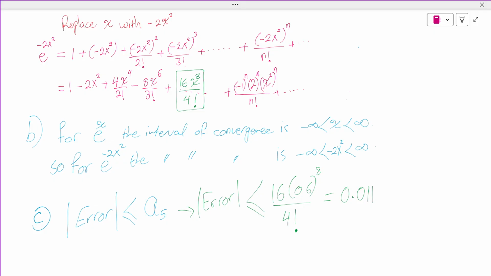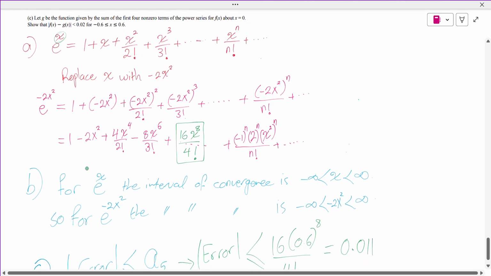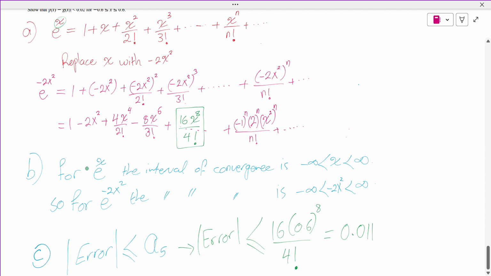Okay, this is less than the given one. What's the given error? 0.02. Is this less than 0.02? Yes. So this is the third part, part C.